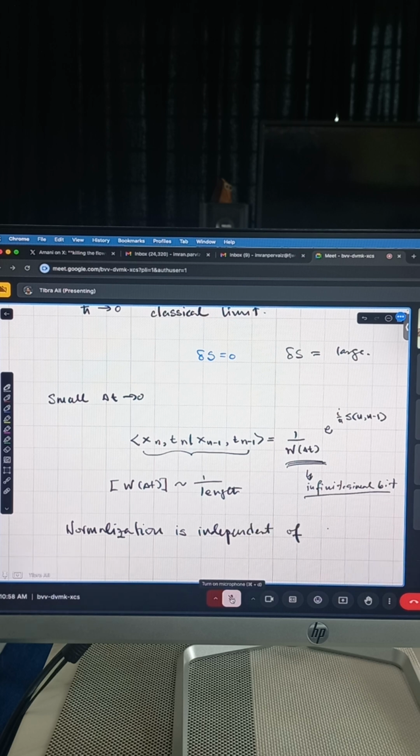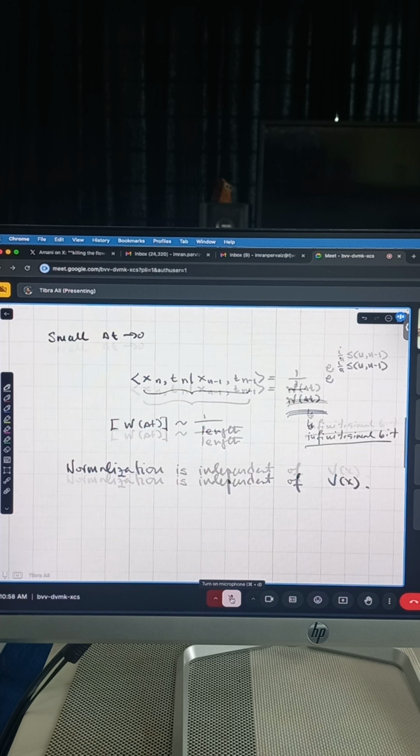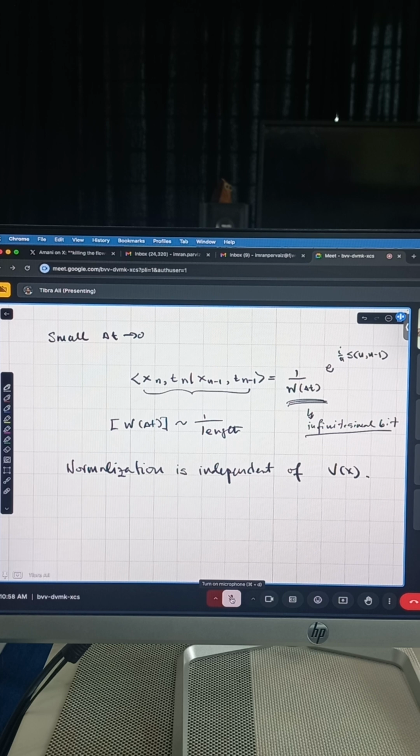So let's look at what this is when delta t goes to 0, and also calculate the normalization.